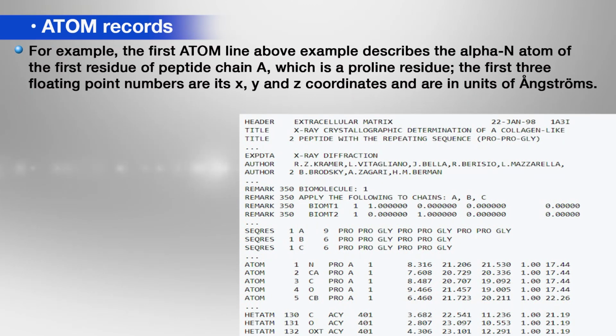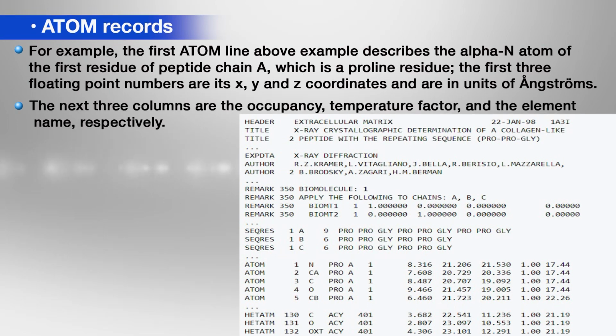For example, the first ATOM line in this example describes the alpha N atom of the first residue of peptide chain A, which is a proline residue. The first 3 floating point numbers are its x, y and z coordinates and are in units of Angstrom. The next 3 columns are the occupancy, temperature factor and the element name respectively.